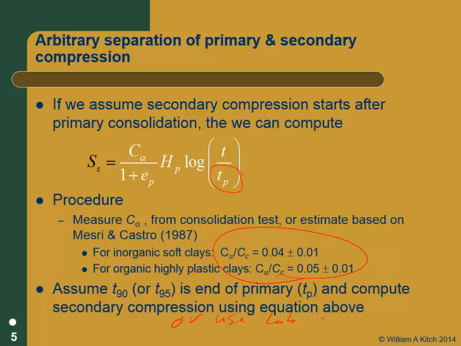What you're going to have there is that TP field is going to be equal to TP lab times H field over H lab, squared, right? And I show online how to do that if you've got any questions. But the consolidation time goes as the square of the maximum drainage distance. So there's two approaches to doing that.